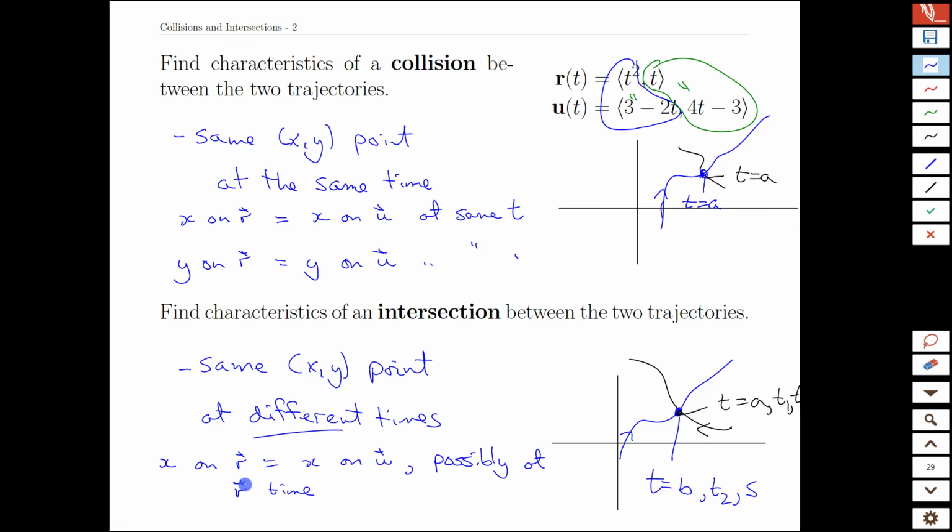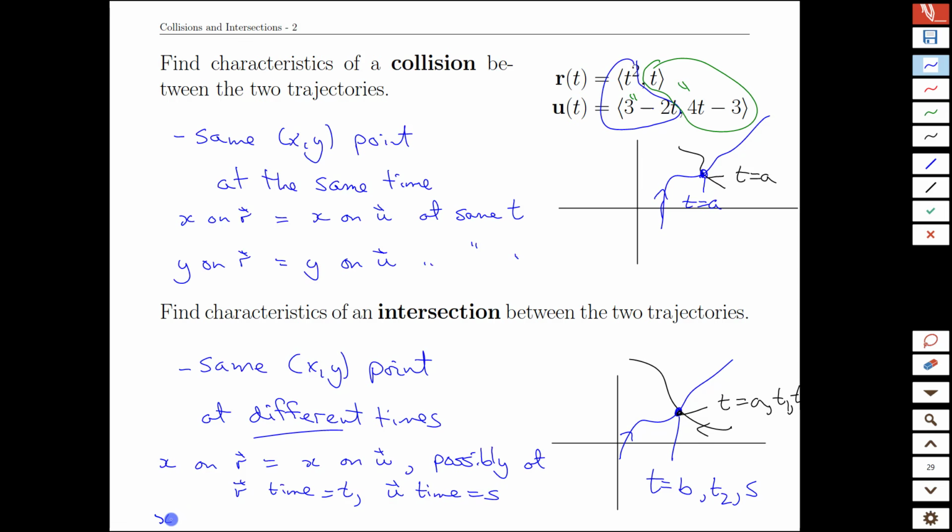The r time equals t, and the u time equals s. So that's where we're going along. Say the black line here is our r curve. When we get to this point here, we're going to call that time t. Meanwhile, on the u path, we're going to cross it along, and we're going to say time is being called s on that curve, and we're going to reach it at some special time s.